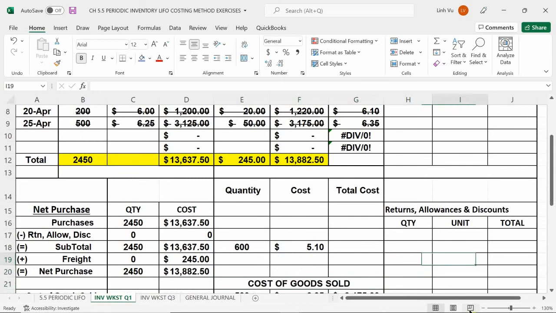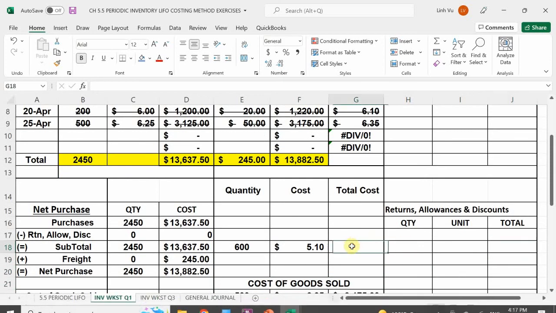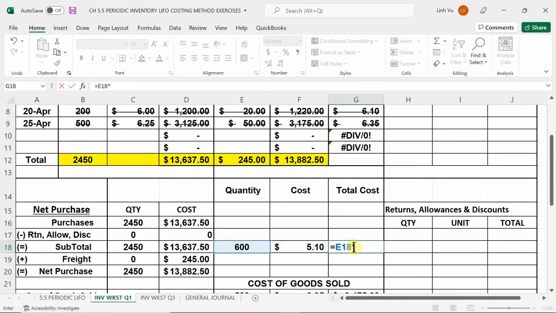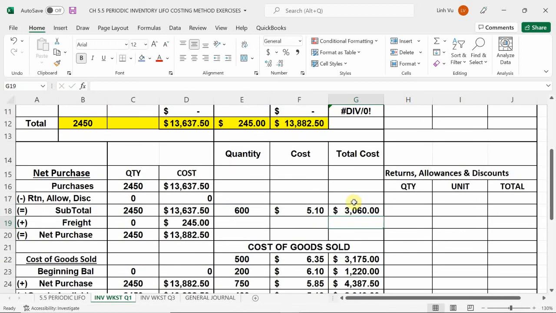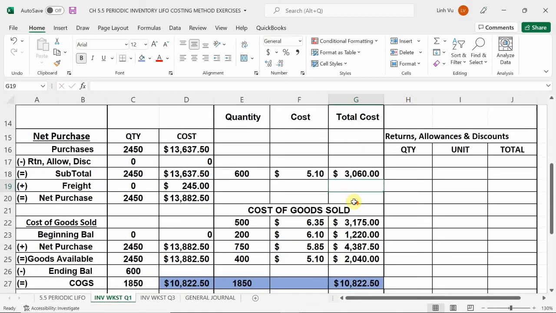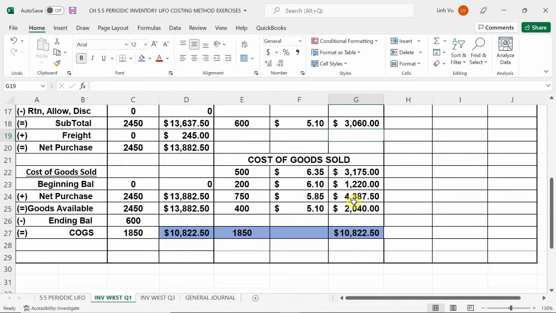If I did this calculation separately, I would have figured that I should have a total leftover remaining of $3,060, right? I could have solved for my ending balance just like that if I already understood LIFO, meaning if I'm going to sell my inventory, I start from my bottom and make my way up to the top of the batch of inventory. That means my leftover should be at the top, okay? If you understand that, you would solve for this a lot quicker, okay?